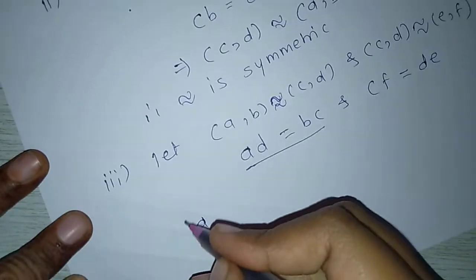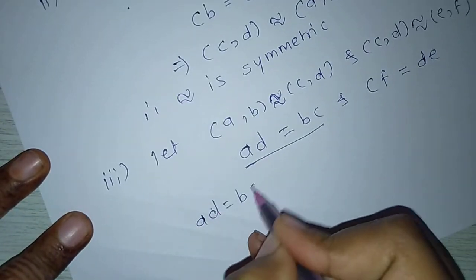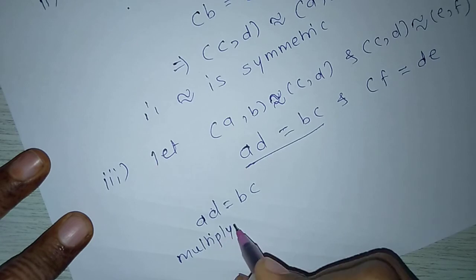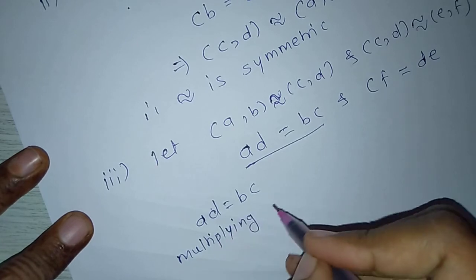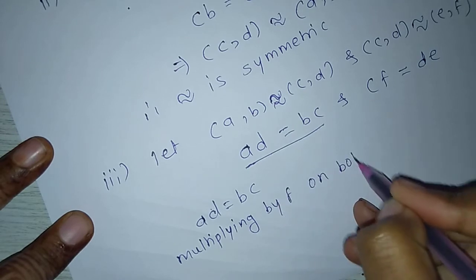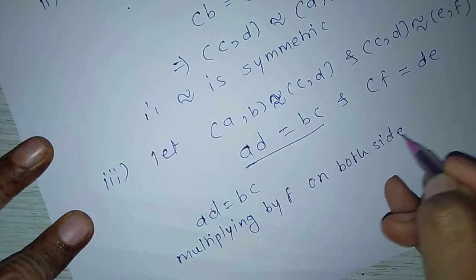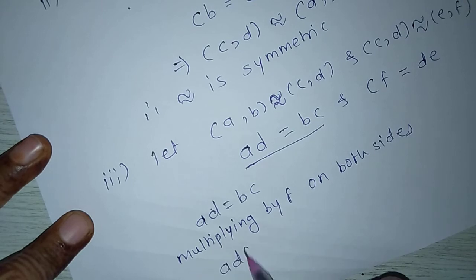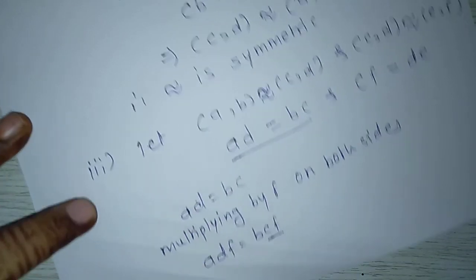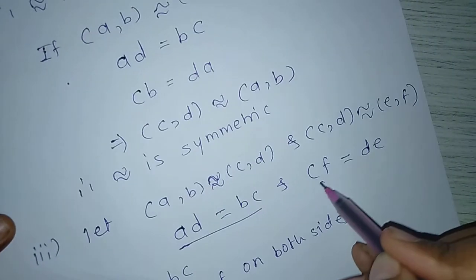We have ad equal to bc; multiplying by f on both sides, we get adf equal to bcf, but cf equal to de.